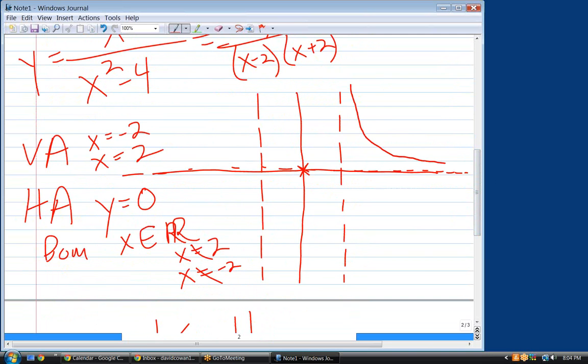In other words, the function's going to approach this vertical asymptote and this horizontal asymptote. It's probably going to look like this on the other side. And in the middle, it could look like this or like this. And I'll show you how we'll figure out which.